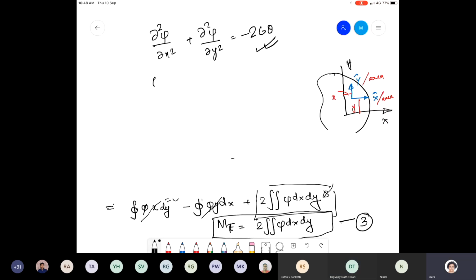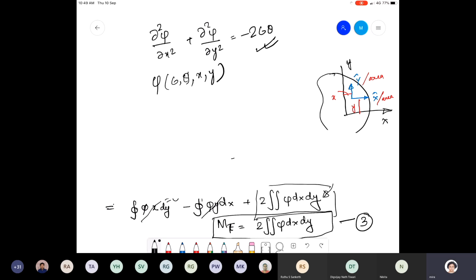So therefore, phi will contain g and theta in it. So phi is a function of g, theta, x, and y.